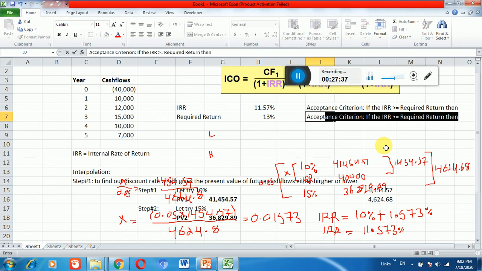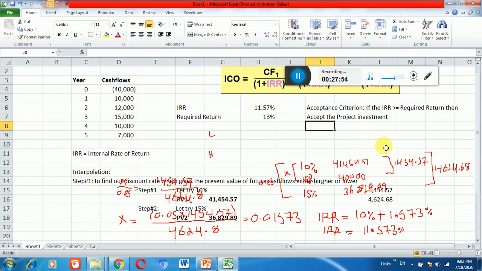Accept the project investment. And also, if the IRR is lower than the required return, then reject the project.